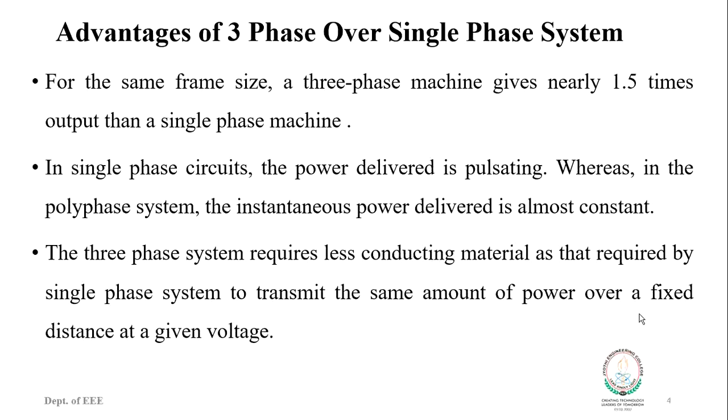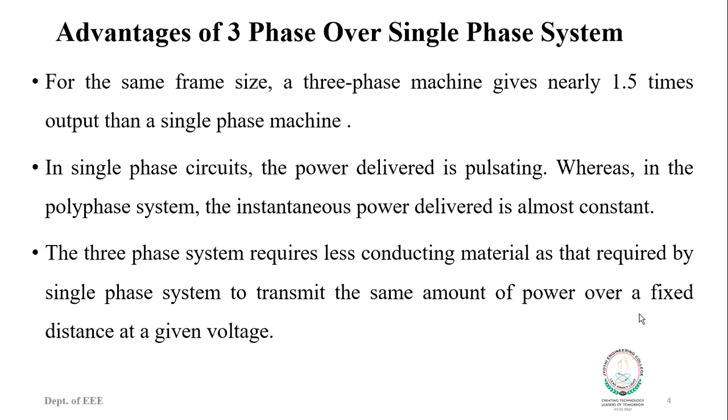First, if we consider two machines, one a single-phase machine and the other a three-phase machine, that is, the supply we are giving to one machine is three-phase, whereas for the single-phase machine we are giving a single-phase supply.